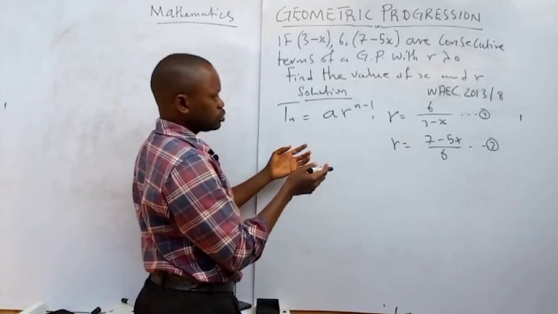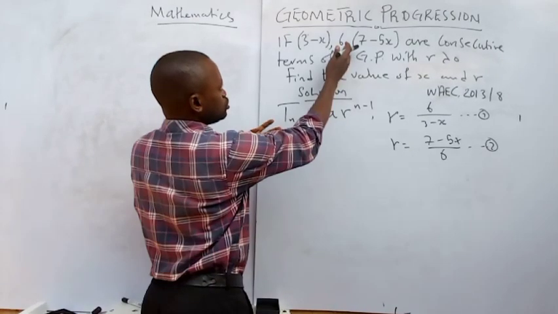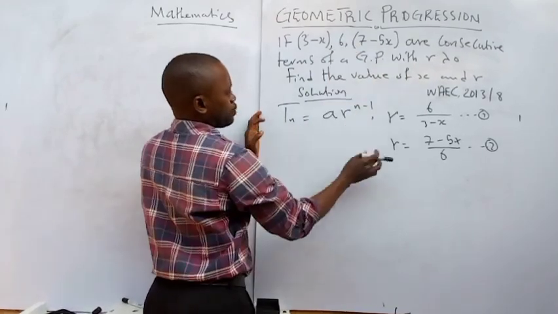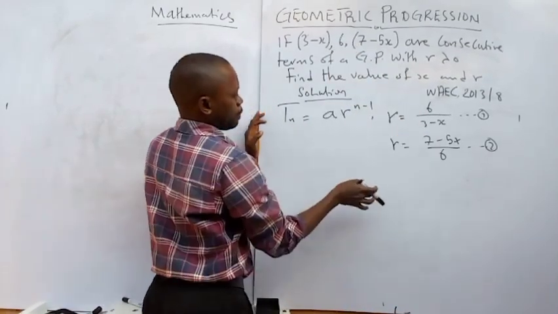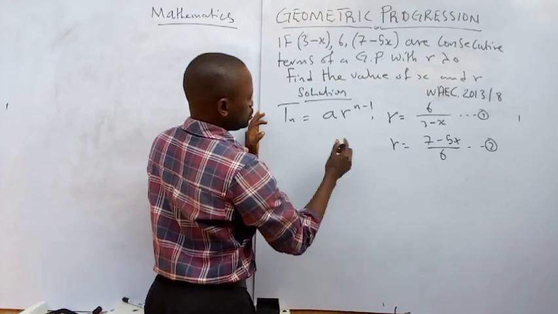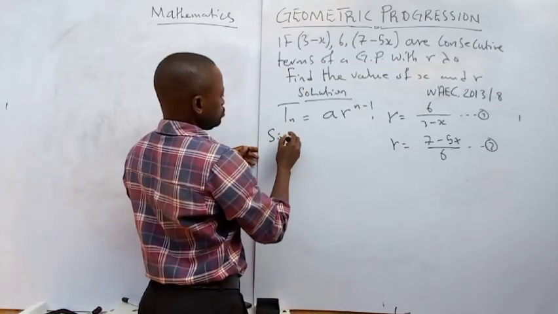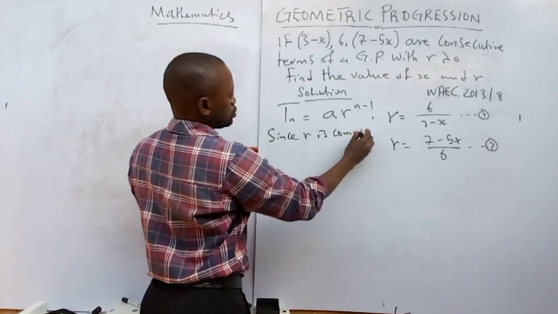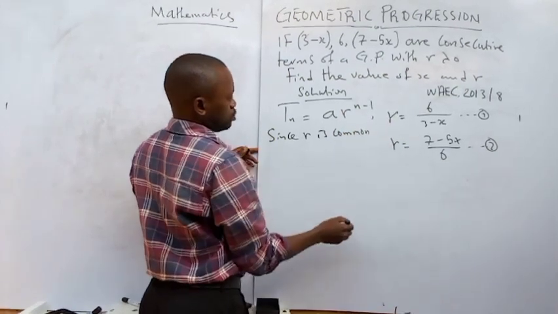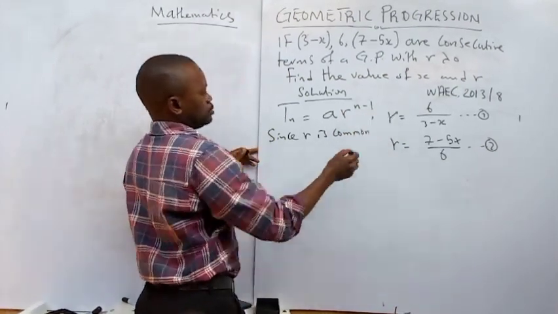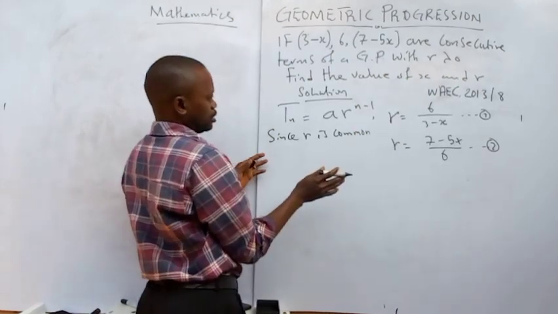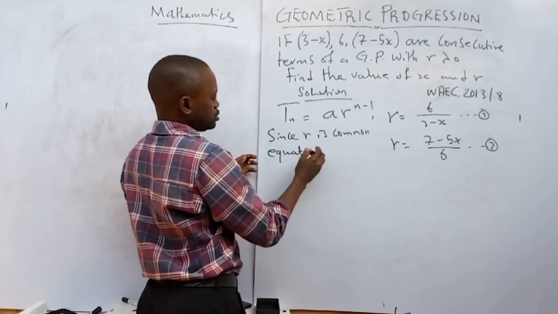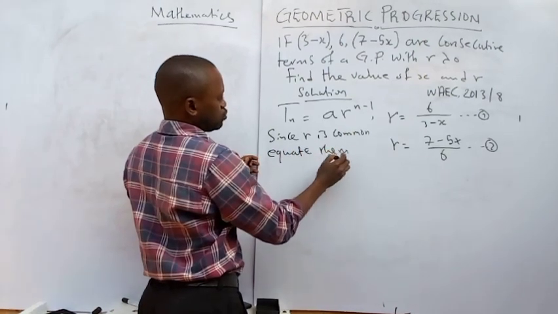So you see the common ratio, this over this, I can also do between here and here, and I will generate two equations. With these two equations, since r is common, I will equate them, that is equation 1 and 2.